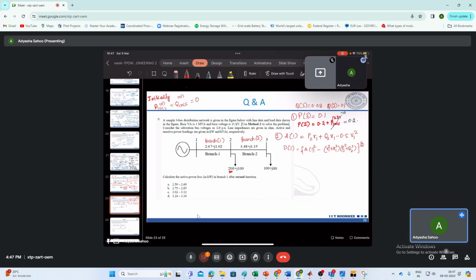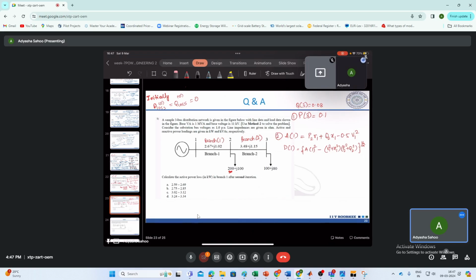So I think we miscalculated P2 and Q2. So that was the total active power injected at node 2, right? So P2 will be this load, if I call it as PD2, PD3.